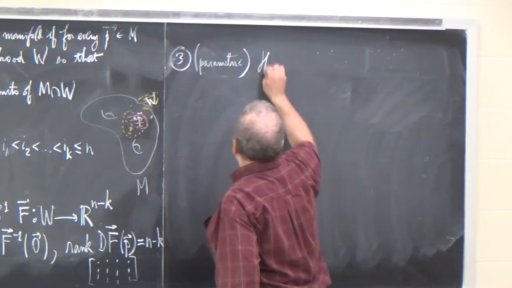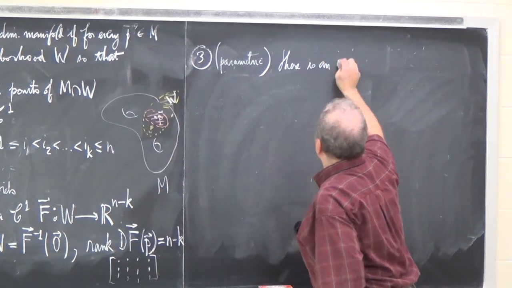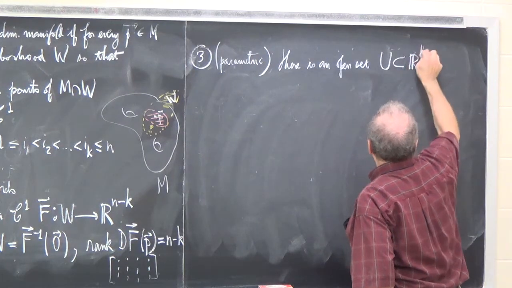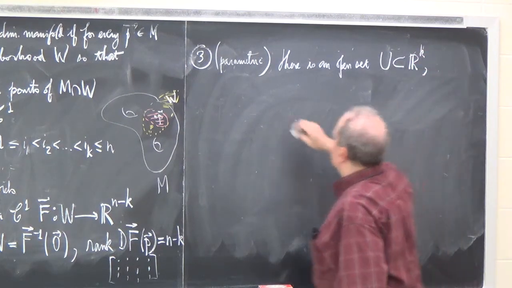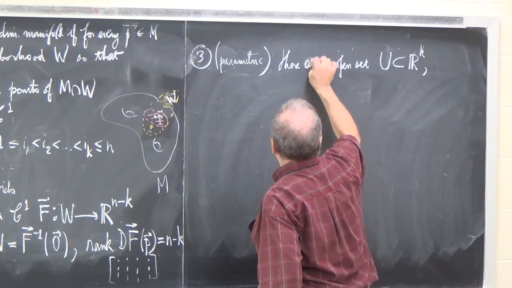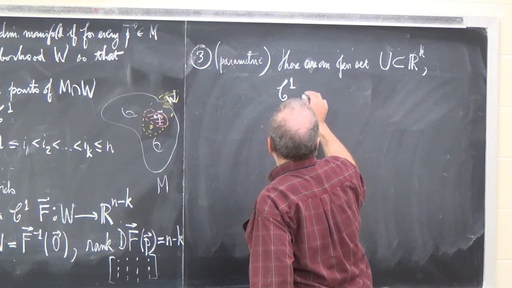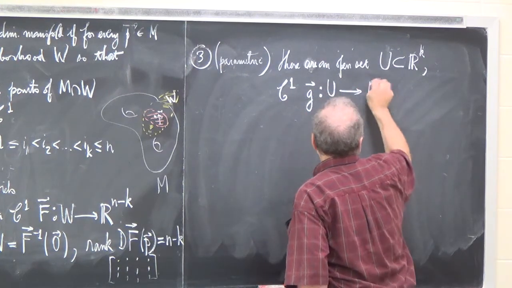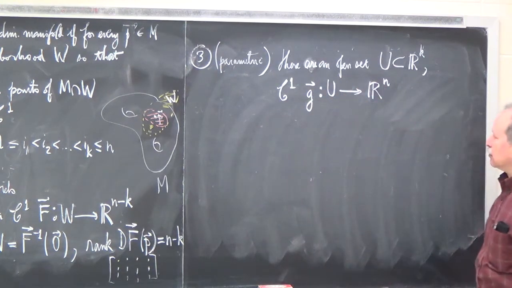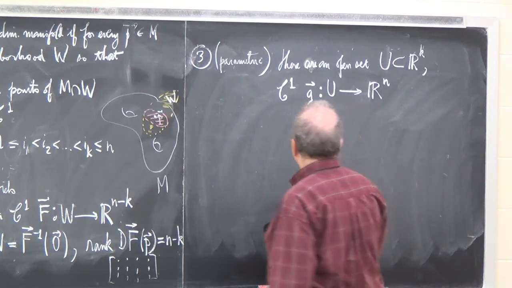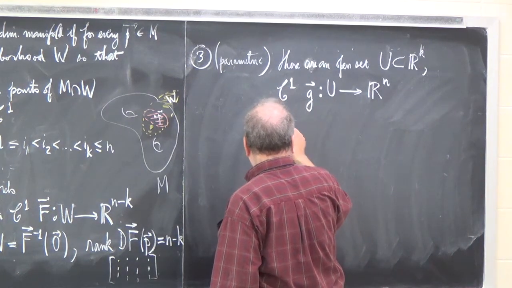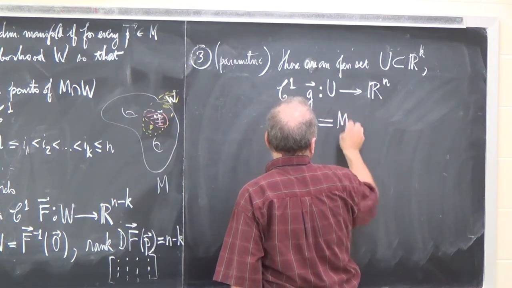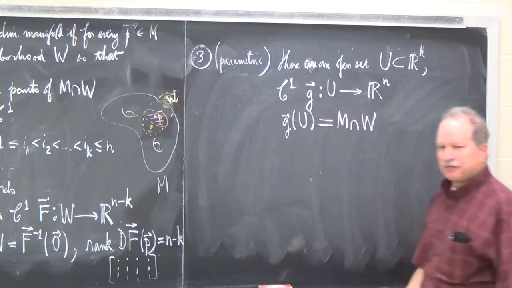So there is an open set U in R^k, and a C1 function G mapping U to R^n, so that G of U, all the points you map to, are going to be the part of M inside of W.